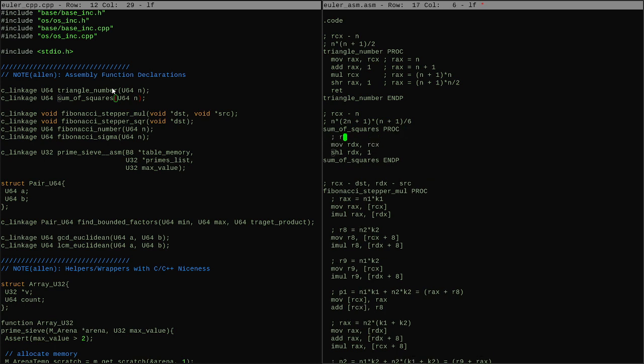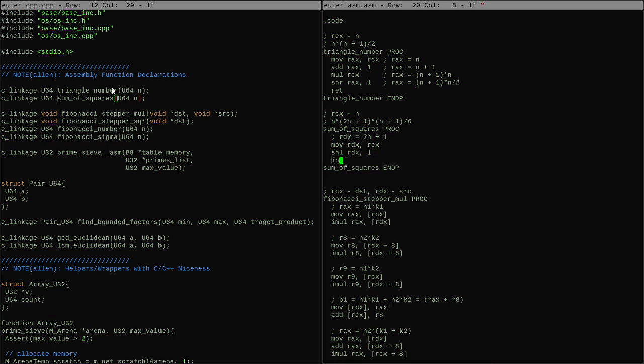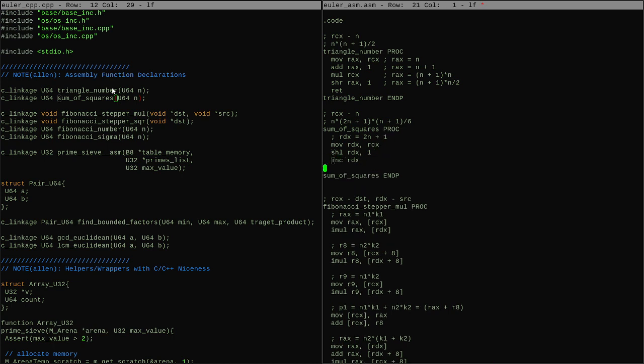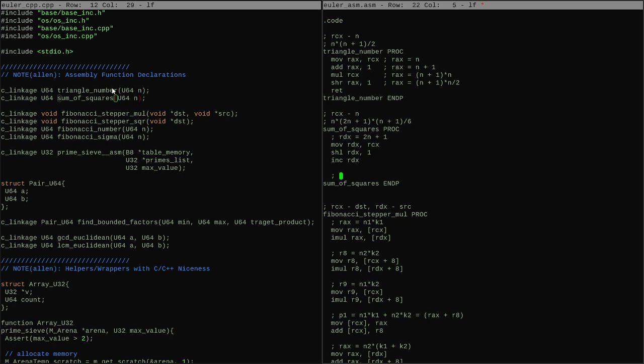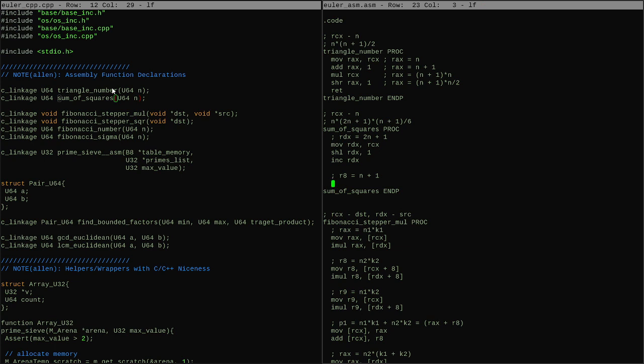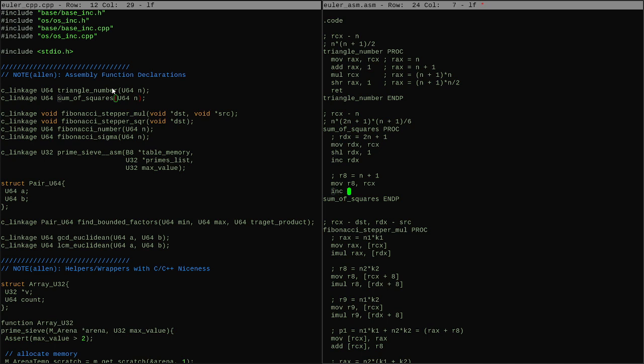And then I'm going to inc RDX. I'm going to move into R8 n plus 1. So R8 gets another copy of RCX, and then we inc R8.